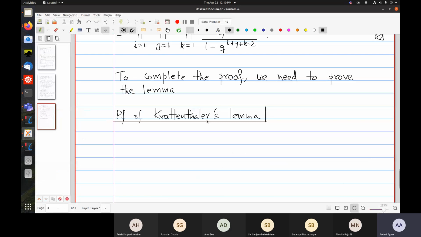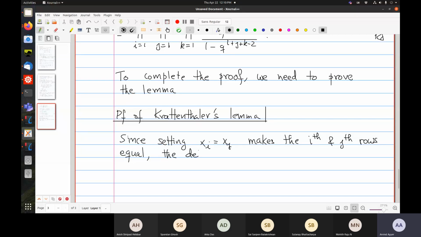Okay, so from there, it's clear that setting xi equal to xj makes the ith and jth rows equal, so the determinant becomes 0.